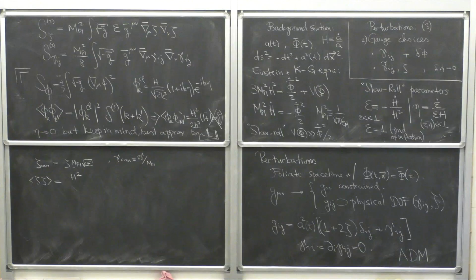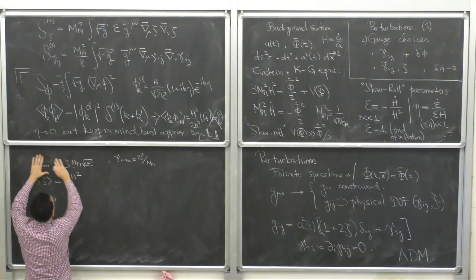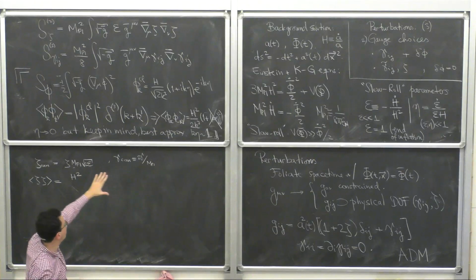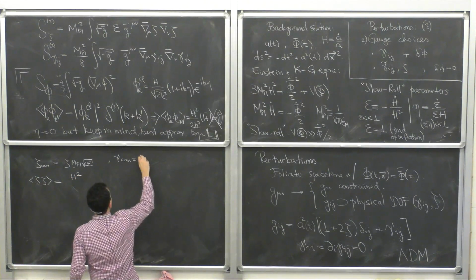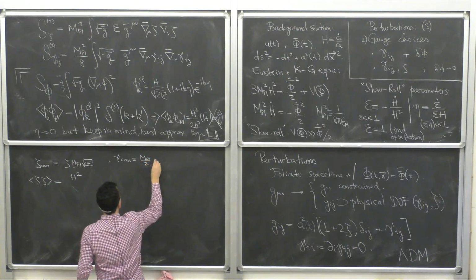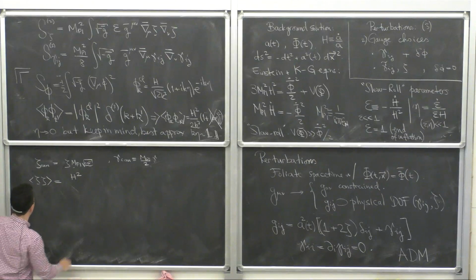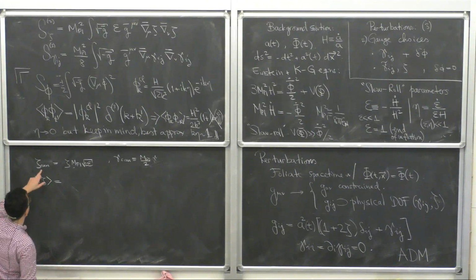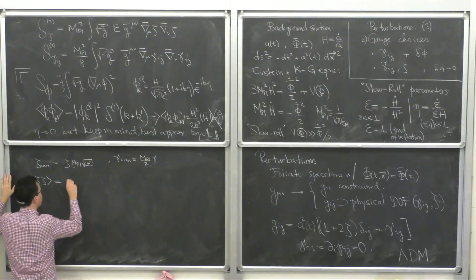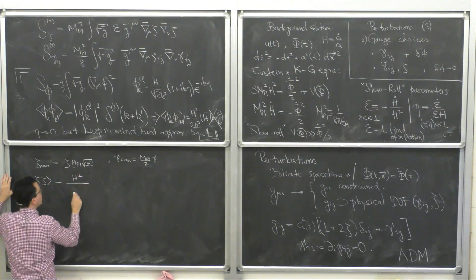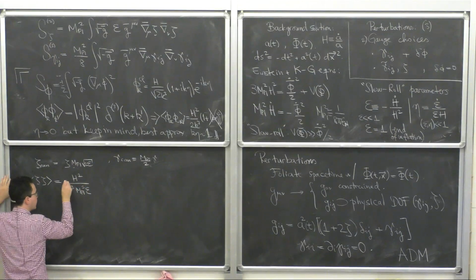So now, if I call this object zeta canonical, the action is just d zeta canonical squared. Then it means that the zeta canonical 2-point function is h squared. Therefore, the zeta 2-point function is going to be h squared over m Planck squared epsilon k cubed.